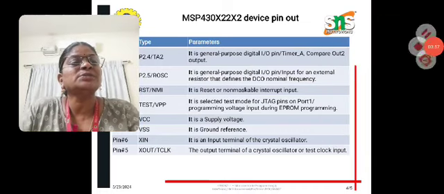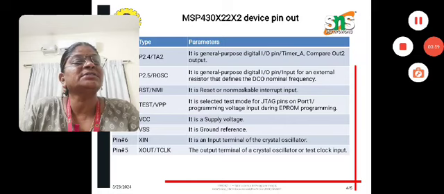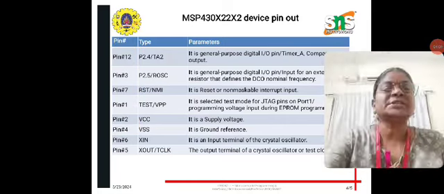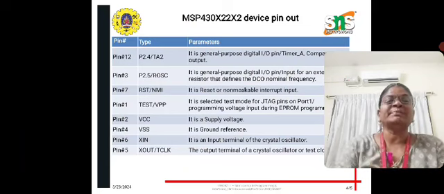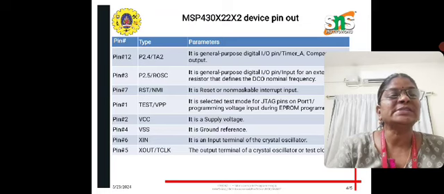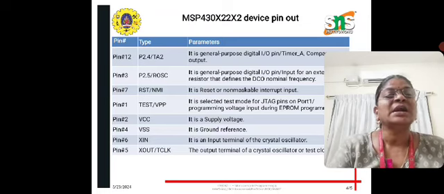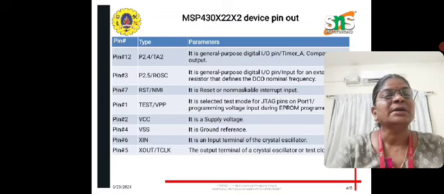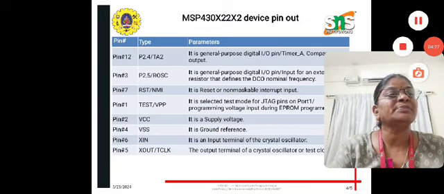And next, coming to the other pins, like pin 12, pin 3, pin 7, pin 1, pin 2, pin 4, pin 6, and pin 5. These pins are used to compare the output, and also a resistor that defines the DCO nominal frequencies, and also used to reset or non-maskable interrupt inputs.